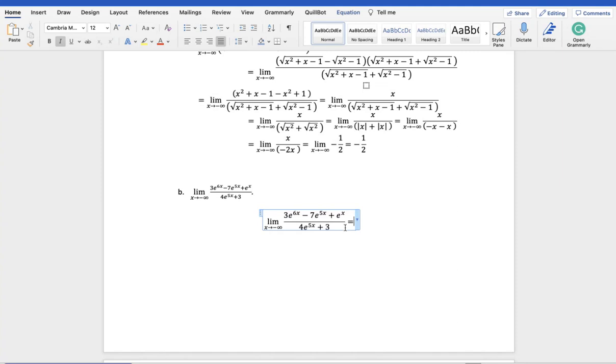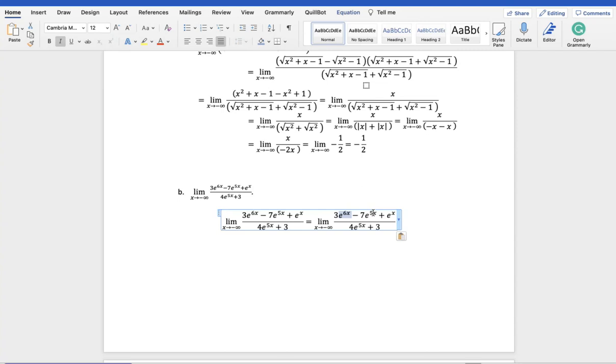It's also important to note that the same rule that we were using for polynomials would apply here, because if you think about it, as x tends to a higher and higher value, for example if you look at positive infinity, 3 times e to the 6x will be closer to infinity than all the other terms, because all the other terms have an exponent of a lower degree.